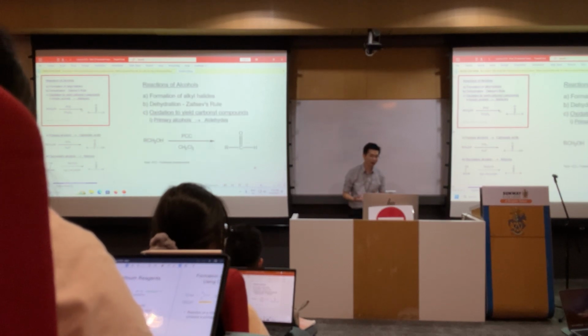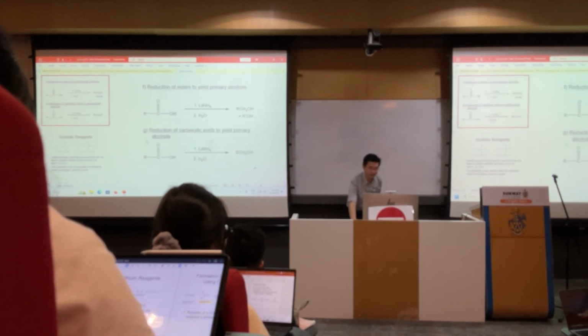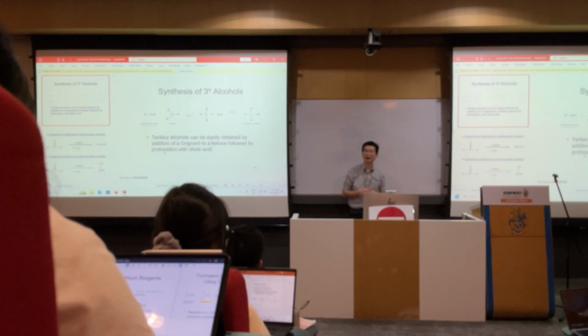Okay, there are a few reactions, and also the synthetic methods. We have synthesis of alcohol. We have six. Okay, synthesis using the Grignard reagent, either primary, secondary, or tertiary.